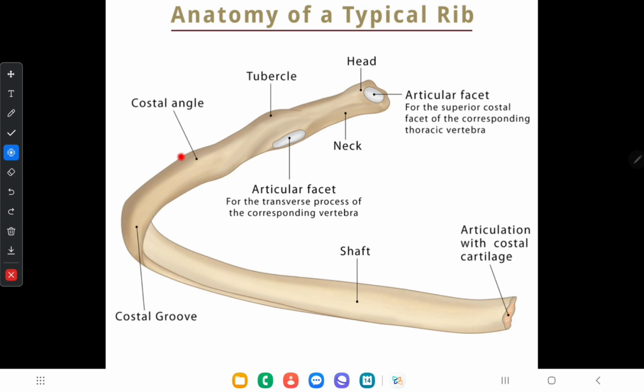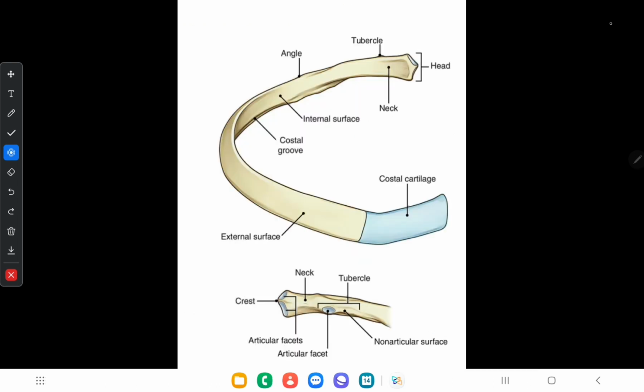There is an upper border and lower border, and also an outer surface and inner surface. In the posterior end, you can see this area is called the head, then neck, then tubercle. Head, neck and tubercle are in the posterior aspect.